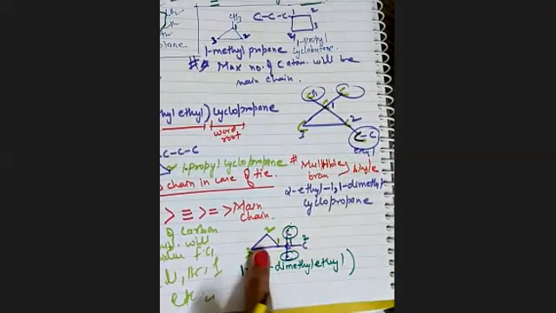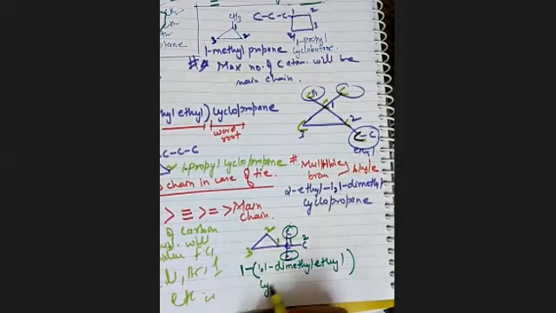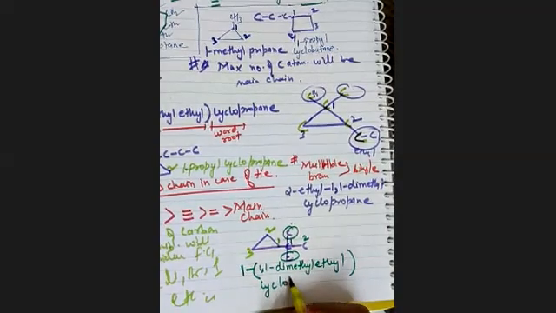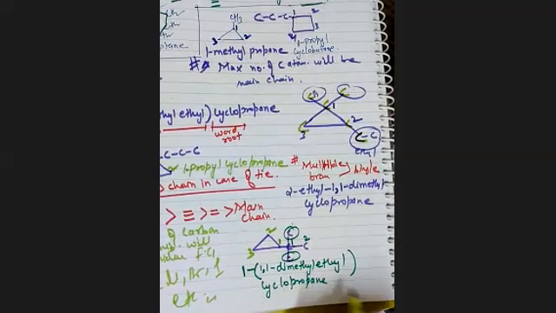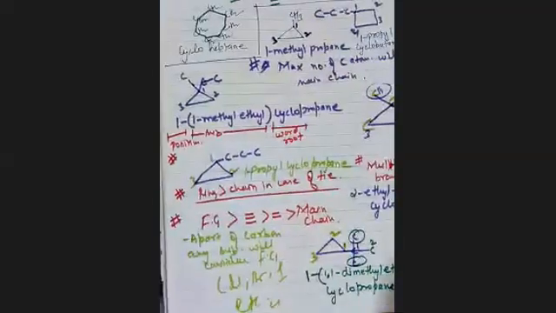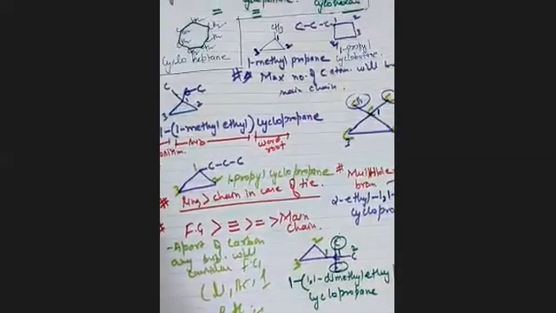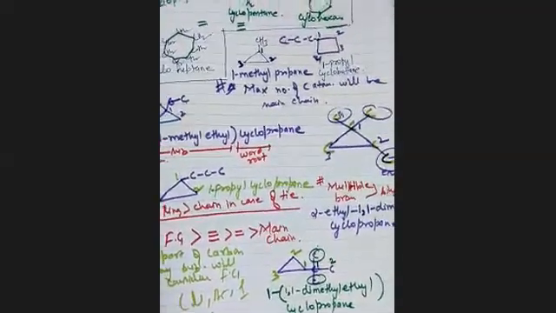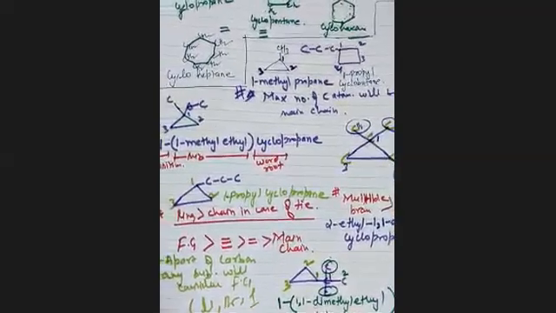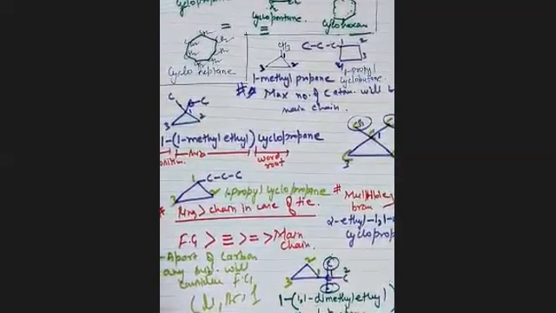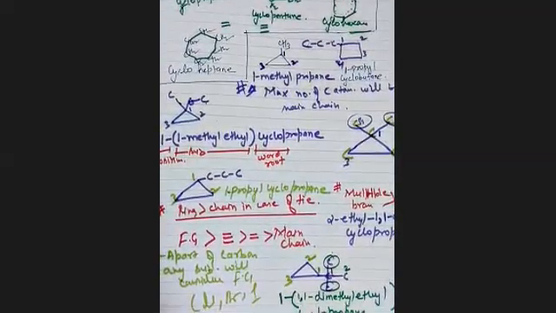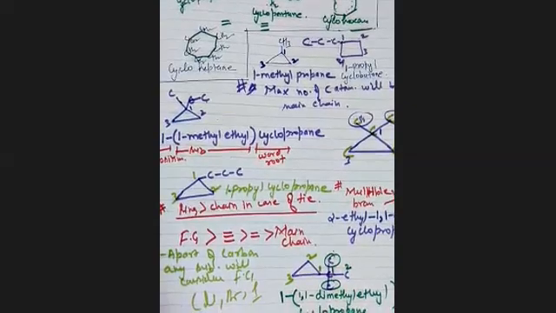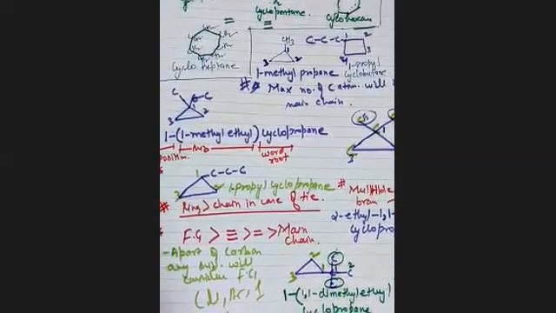Now we will move to the main chain: cyclopropane. Is this clear? Whenever you do the nomenclature of the substituent species, you write it in brackets. So this will be like 1,1-dimethylethyl cyclopropane. Clear?